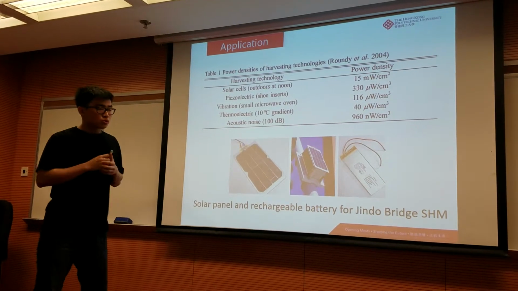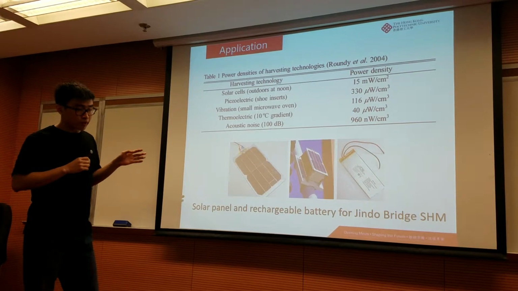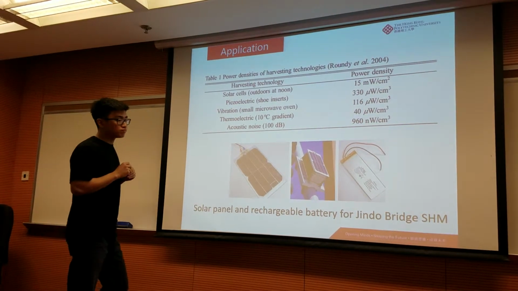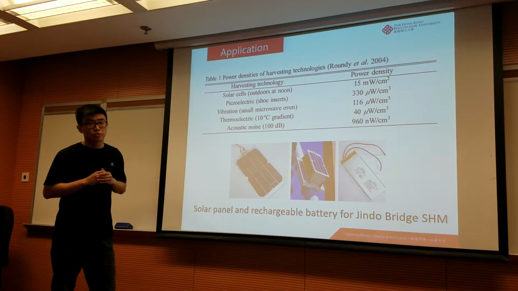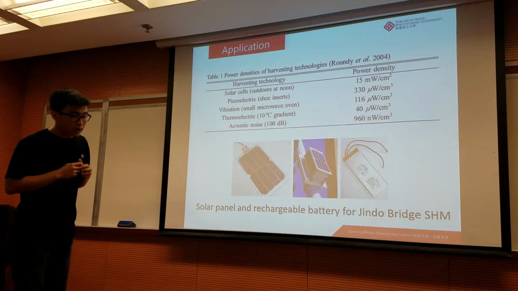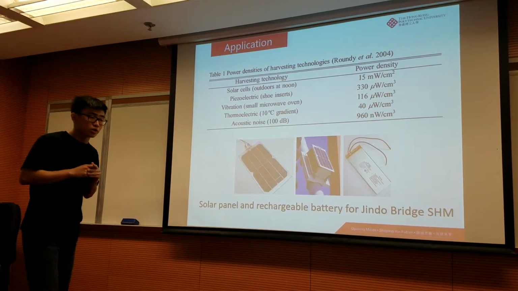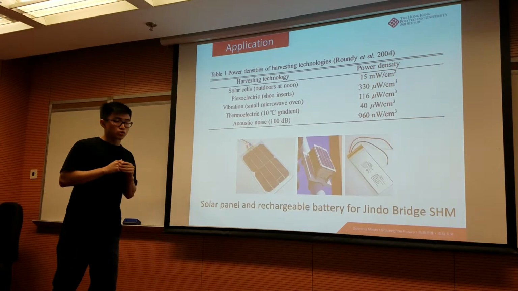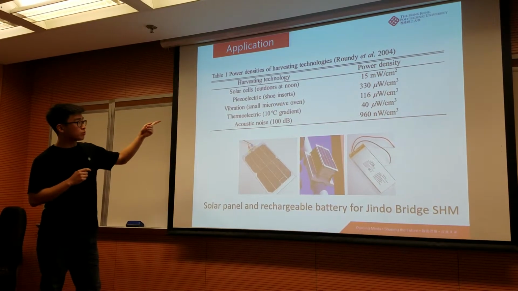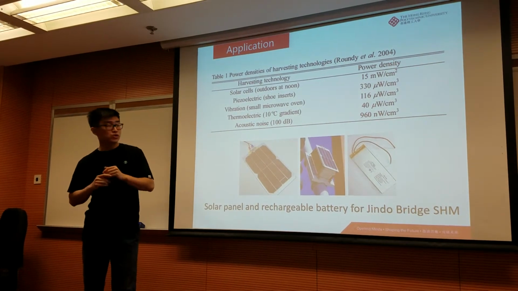And we have mentioned before that the energy consumption can be a limitation for the wireless sensor. So some researchers want to know whether we can harvest energy to power our sensors. There are some energy harvesting methods. For example, some researchers may ask whether we can transform solar energy to power our wireless sensor, or some researchers may want to ask whether we can transform vibration energy to power our wireless sensor.